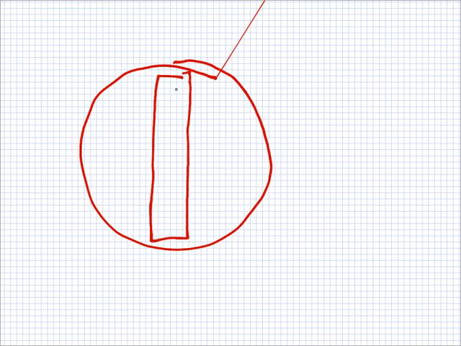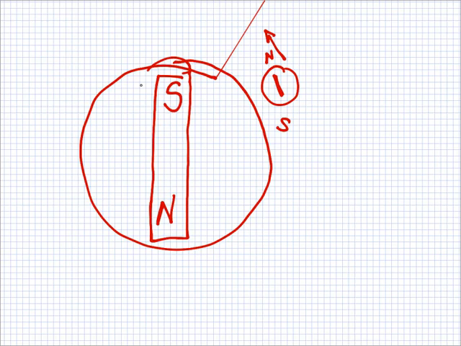And it actually is like south on the top and north on the bottom, because if you have your little compass, the north is on the top and the south is on the bottom, because remember, the opposites attract. So if you want the north to point up, it must mean there's a south on the top. So I know we call it north, but it's actually south of the magnet.